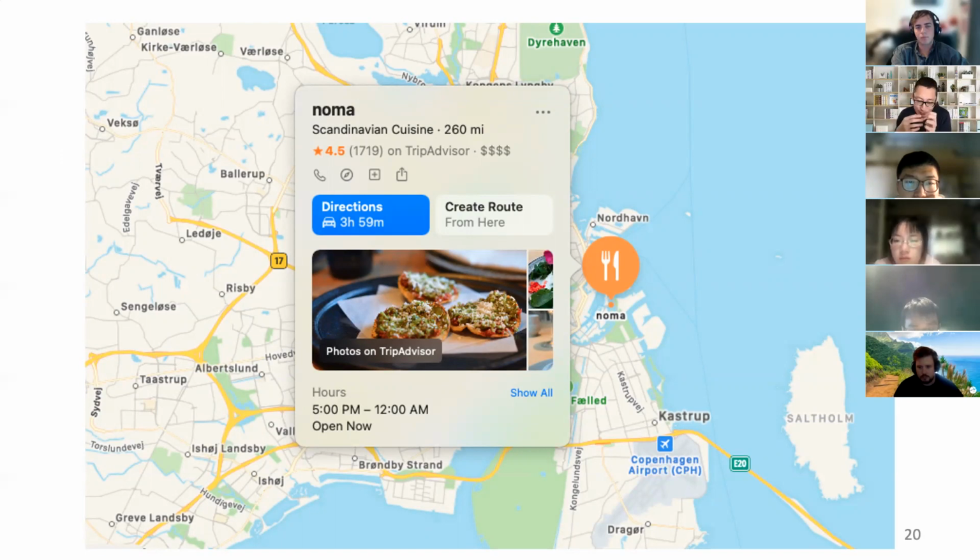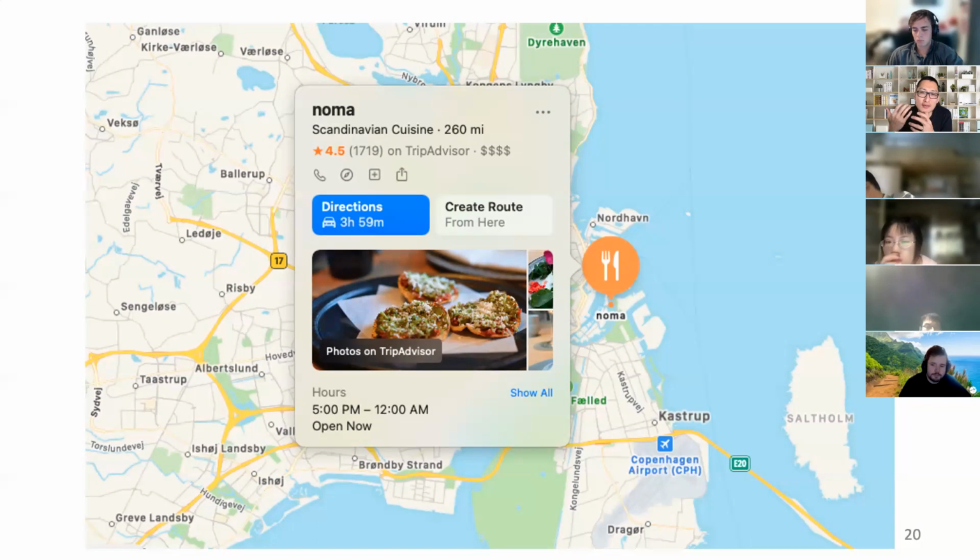Noma has been very popular, but it was greatly influenced by the COVID shutdown, right? Now Denmark is completely open, but in 2020, there was a closedown where all restaurants had to be closed. They could not take customers. You can have takeaway, but the customer cannot dine in the restaurant.